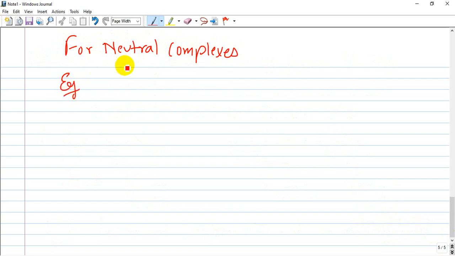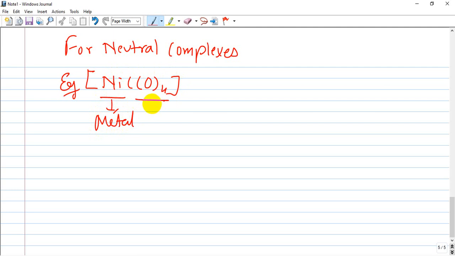It means that for neutral complexes, like Ni(CO)4, we directly write the metal and then the ligand. There is no ion concept here.